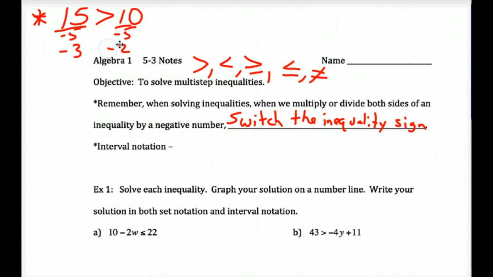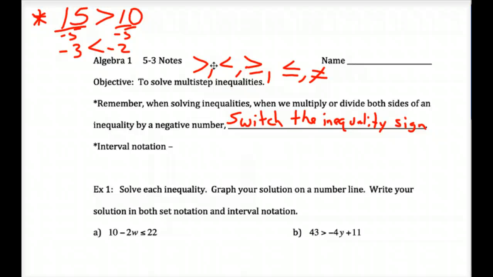Each side now says negative 3 and negative 2, but what inequality sign makes it true? You have to switch, right? So it'd be negative 3 is less than negative 2. Now is it a true statement? Yes. Isn't negative 3 less than negative 2? So, guys, this is why that rule happens. If we don't switch the inequality sign around, your statement is no longer true.